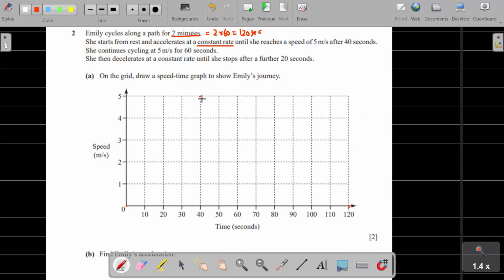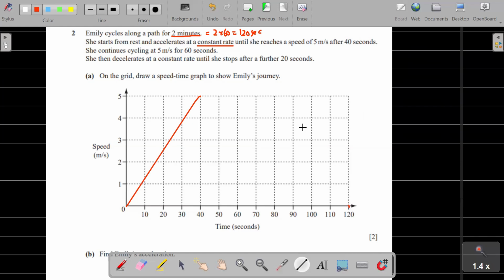After that, let's draw our first line. Because she starts from rest and accelerates at a constant rate, she is starting her journey from here till here. Clear, Fatma?